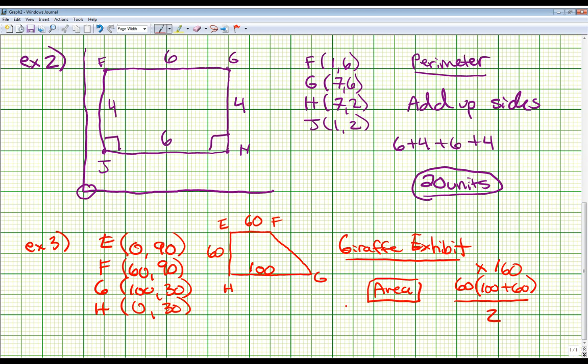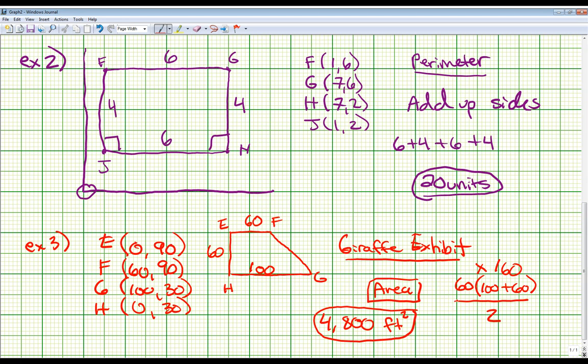If I do that, I end up getting 4,800. And if I look back at my question, it looks like these measurements are in feet. So we're going to put feet. And since we are finding area, we'll put feet squared. So I get 4,800 feet squared when I do 100 plus 60 times 60 and then divide it by 2.